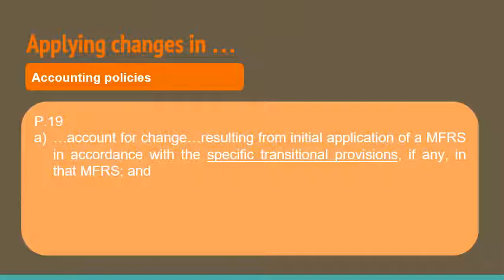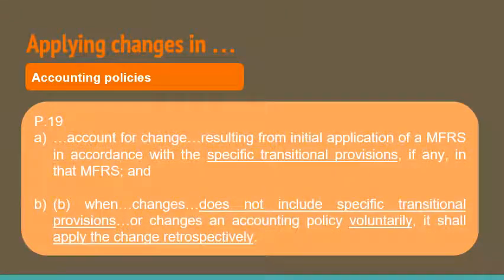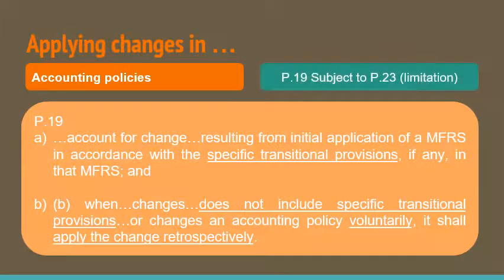Therefore, not only must the transitional provision be observed when applying the standard, but also when applying the relevant changes due to the applications of the standard. And if there is no transitional provision, the change must be applied retrospectively, thus the retrospective application that we discussed earlier. Please note that these applications are subject to limitations stated in paragraph 23.